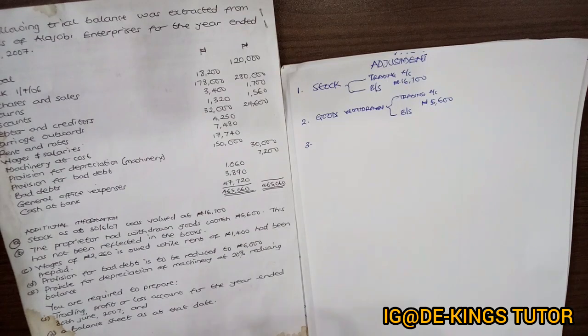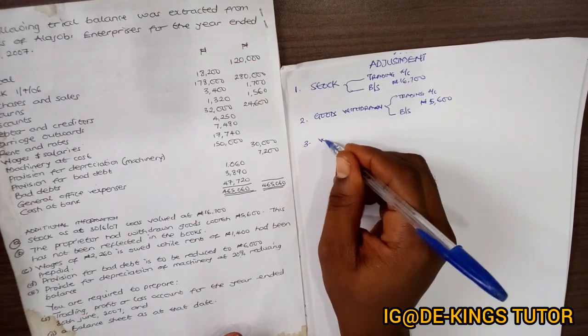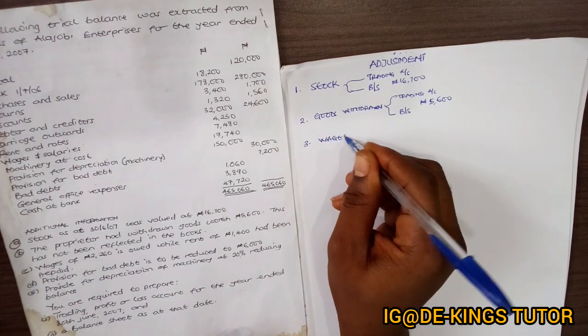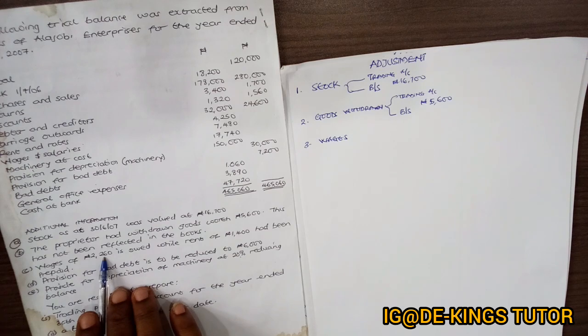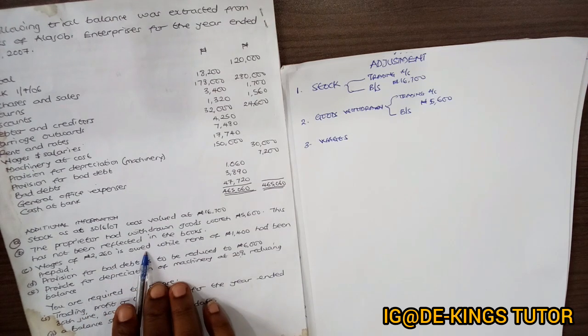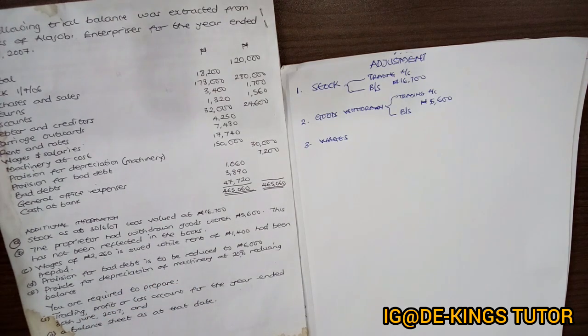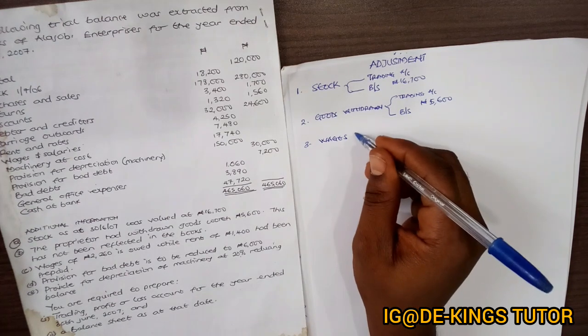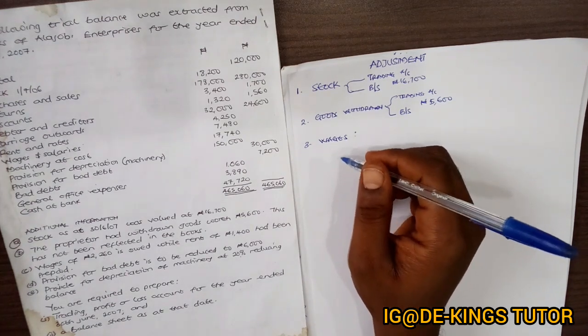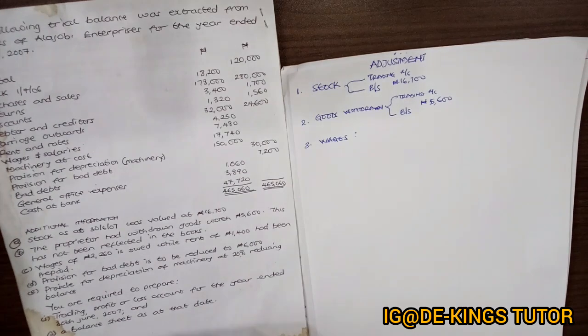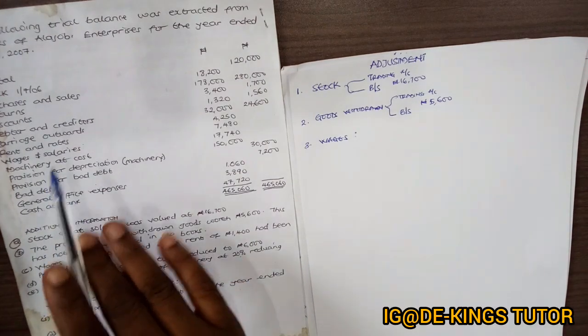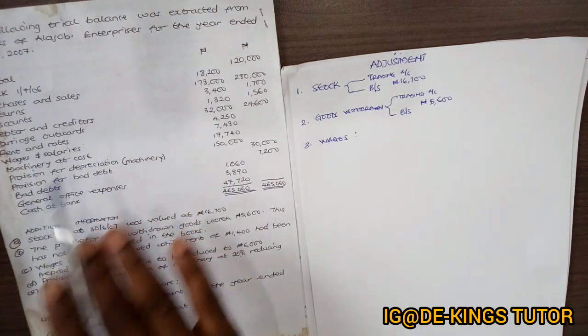So for wages, they said 2,260 is owed. Owing means it is what accrued. Accrued is always added to the existing expenses or income.